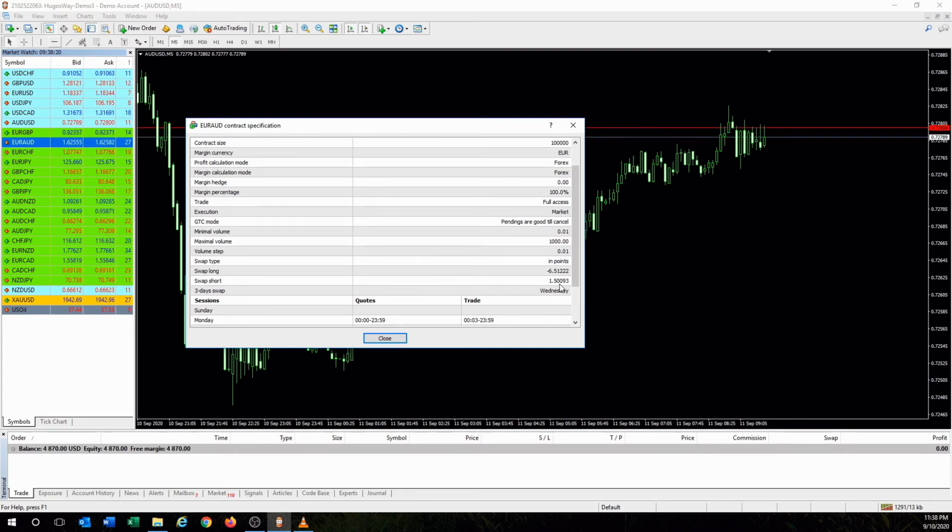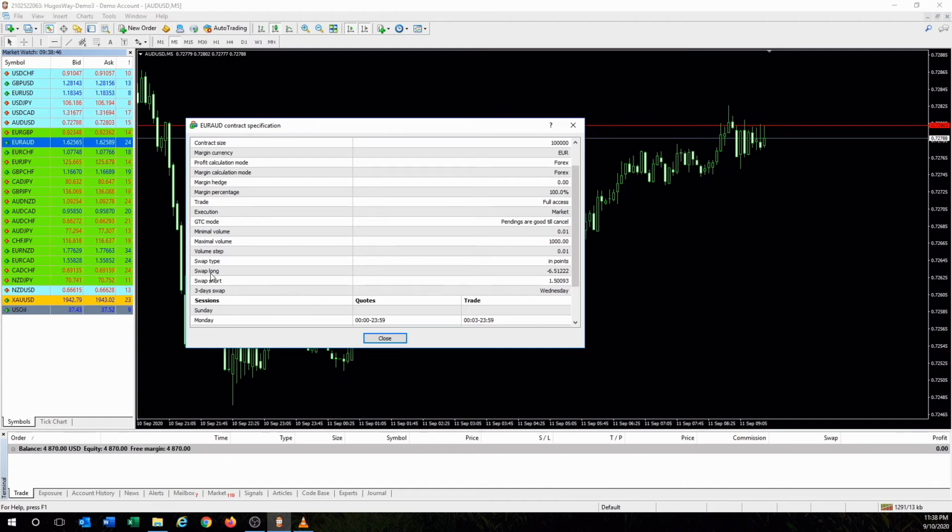So when you're selling and you leave a trade open overnight, say if you leave a trade open for a month, you will be paid 1.5 or $1.50 per one lot. You're not trading one, maybe you are, one lot is pretty big, but my point being is that some assets actually pay you a positive swap.